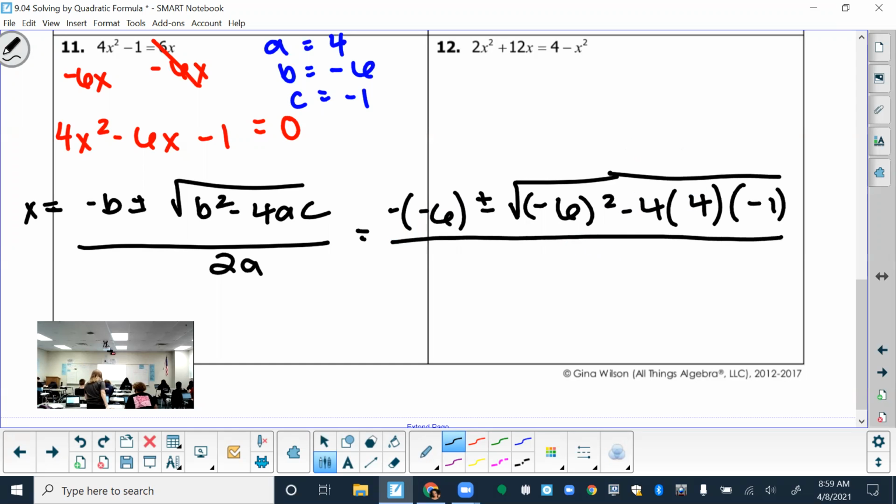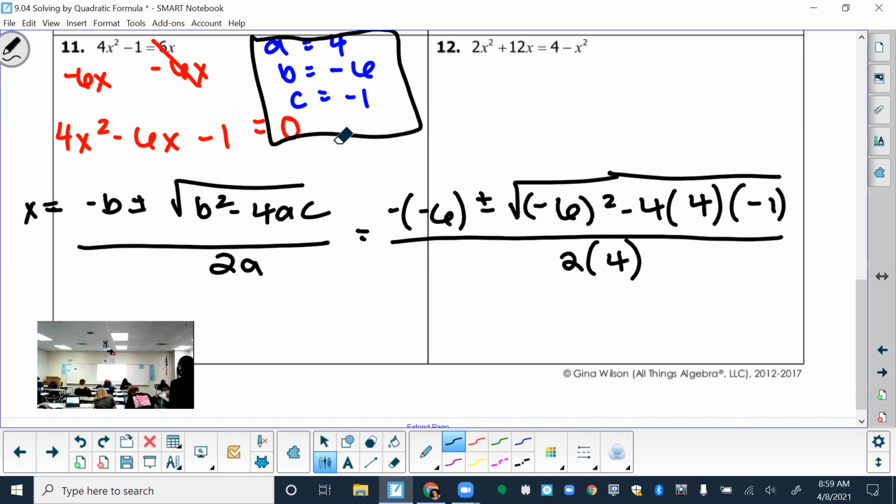But in the numerator, we get negative 6 plus or minus the square root of negative 6 squared minus 4 times 4 times negative 1, all divided by 2 times 4. All right, so we just plug this in to here. Questions about how we did that?